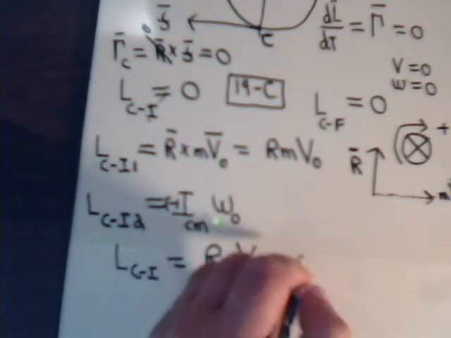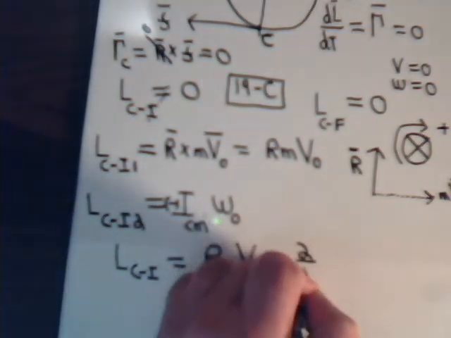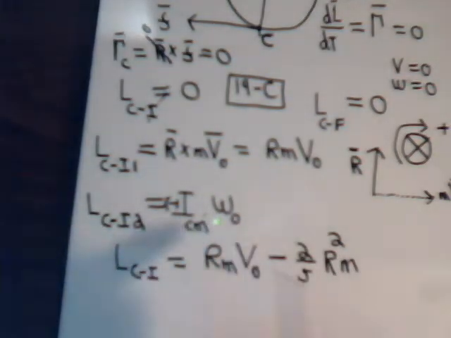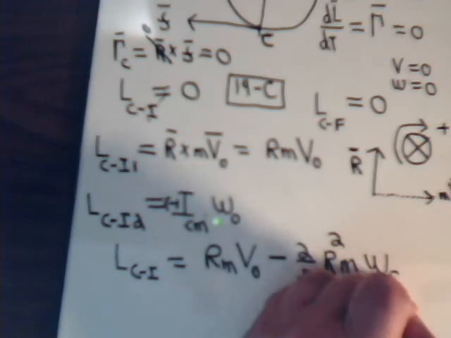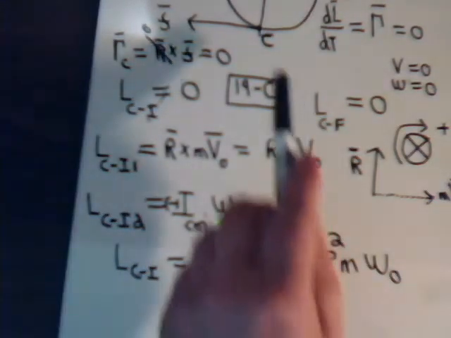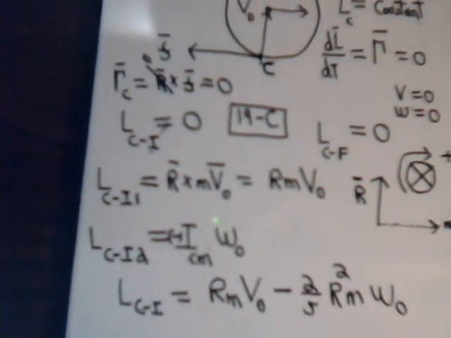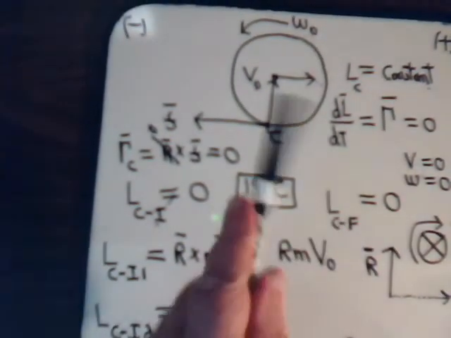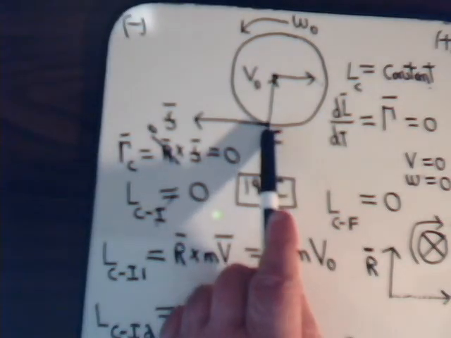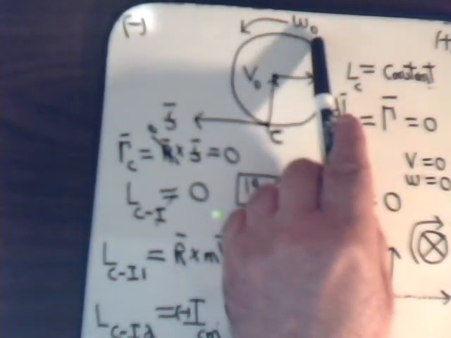And the moment of inertia, that is 2/5 R squared M times omega naught. So this is the angular momentum about point C. This contact point, if it's a billiard ball, would be immediately after it was struck by the cue stick, or if it was a bowling ball, when it first makes contact with the floor surface, when it has a V naught and an omega naught.